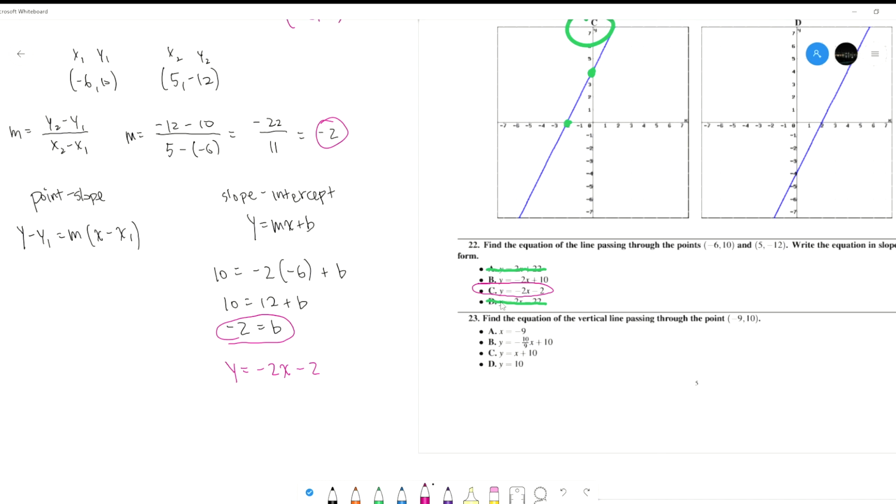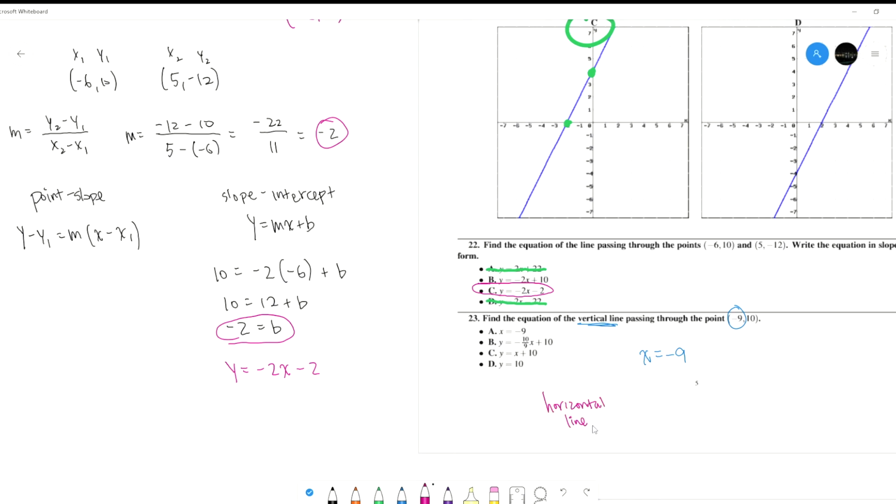All right. Next one is the vertical line passing through the point, right? Vertical line means it's an x is equal to equation, so it's the x coordinate. So x is equal to -9. If they ask for a horizontal line, what would the equation be?